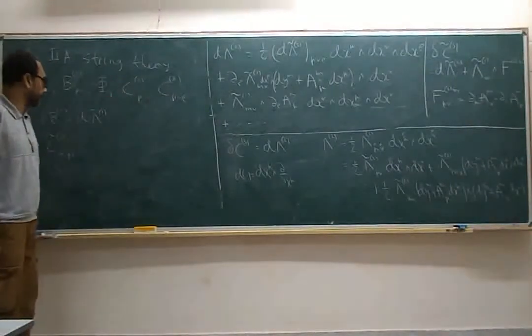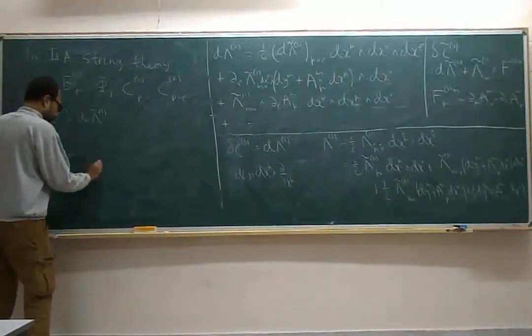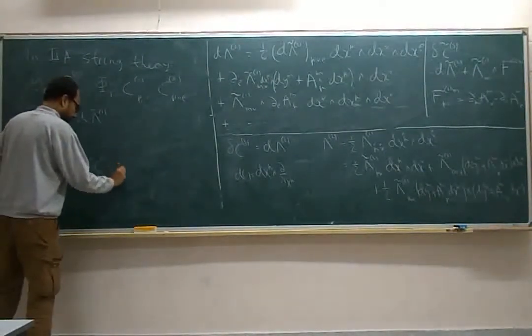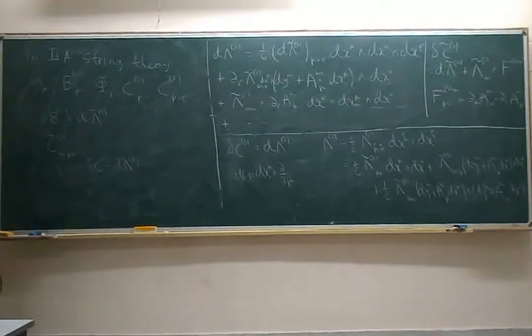C1, what is C1? C1 is a gauge field. The transformation of C1, delta C1, was d lambda 0. Do you have some such field in 11 dimensional supergravity when you compactify on a circle?